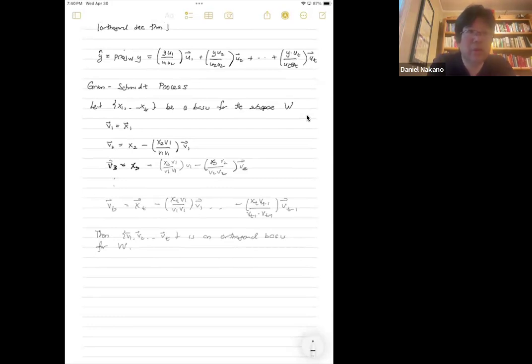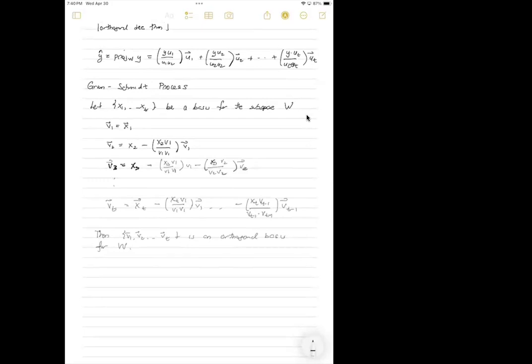Okay, any questions on this? Wait, I have a question. Oh, go ahead, Daniel. When you're doing the x3 minus all that stuff with v1, v2, does it matter what order? Like, if you do the third term before the second term, or is it okay to do them last to first?